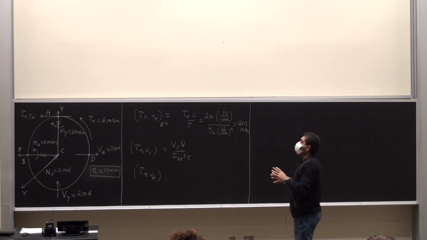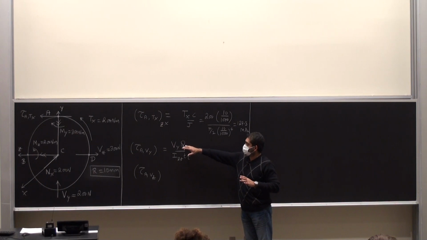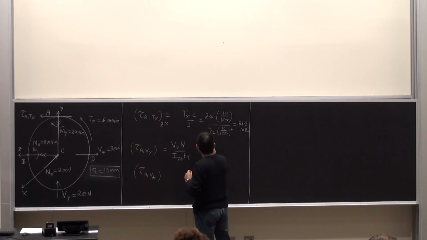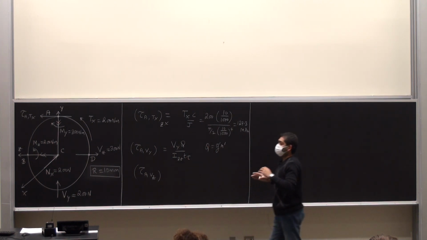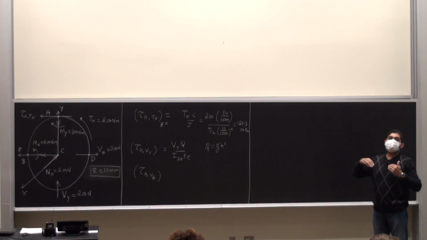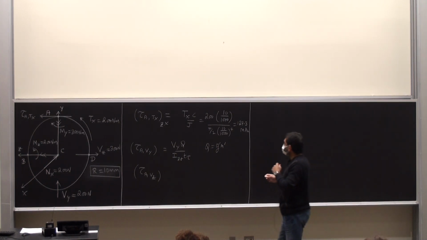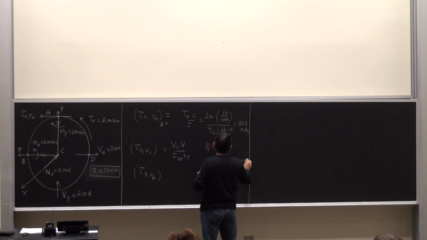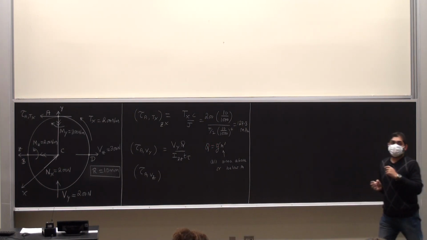The value of Q in this case is y bar prime times A prime, A prime being either all the area above the point A or below the point A. Okay? So A prime is above or below A in this particular case.